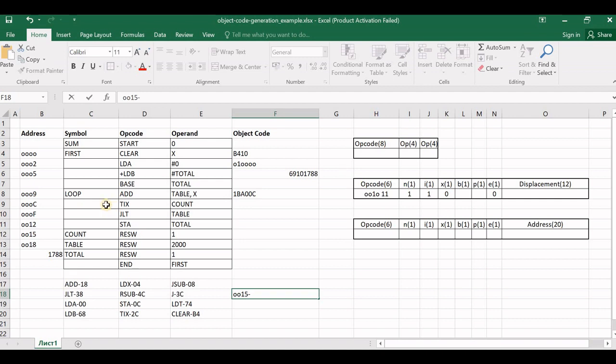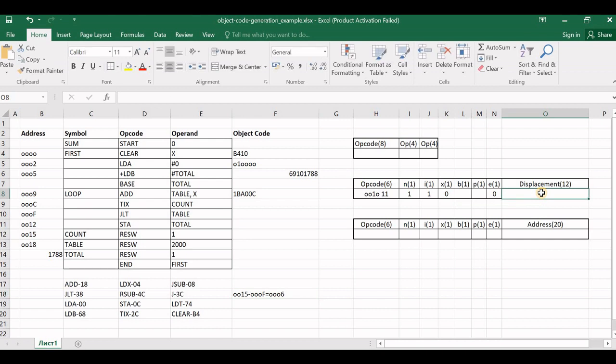PC will have the address of the next instruction that has to be executed. The current instruction is at address 000C, and the address of the next instruction is 000F. So subtract 000F from 0015. The answer that you will get is 0006, the displacement that you get when you make use of the PC register value.